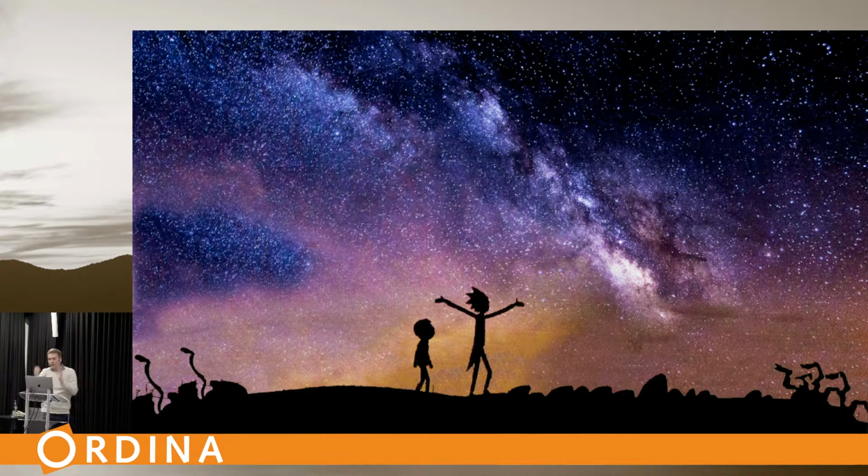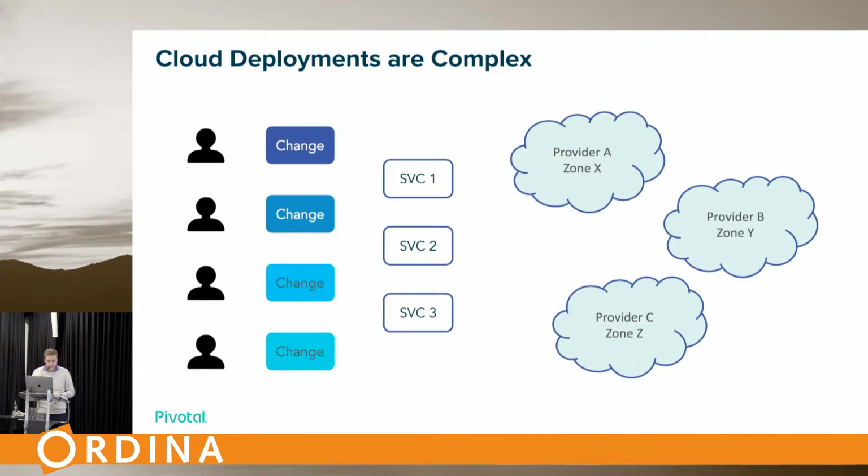So when you're actually on Kubernetes, things get a little bit more complex than if you have a separate ops team, for instance. So you have here different teams, different people in different teams pushing multiple different changes across different services to different availability zones, perhaps even different providers, cloud providers, right?